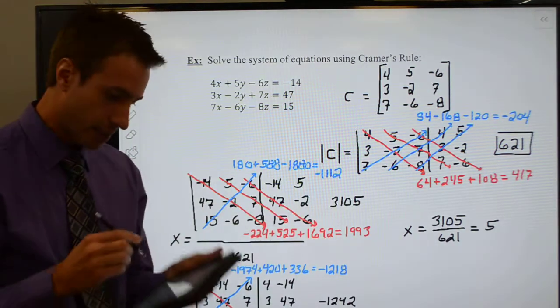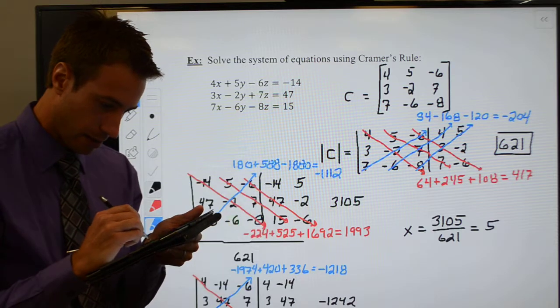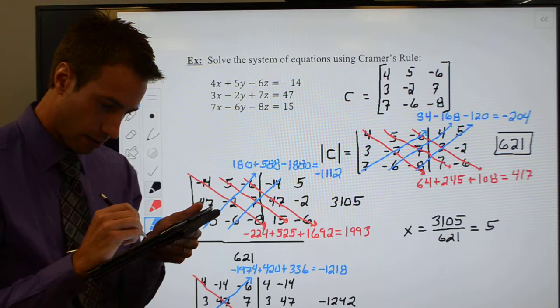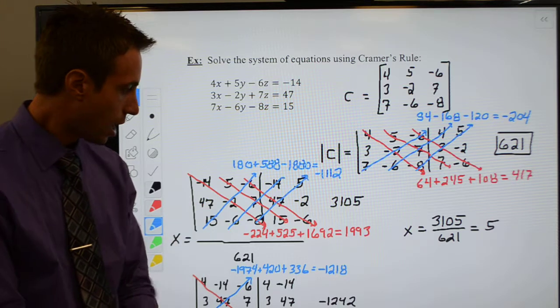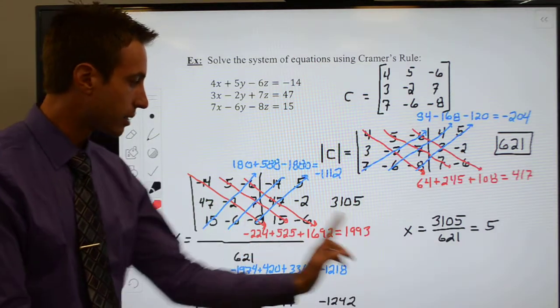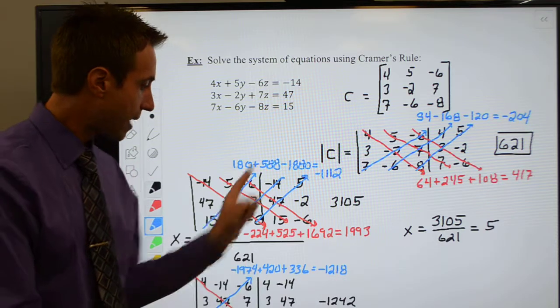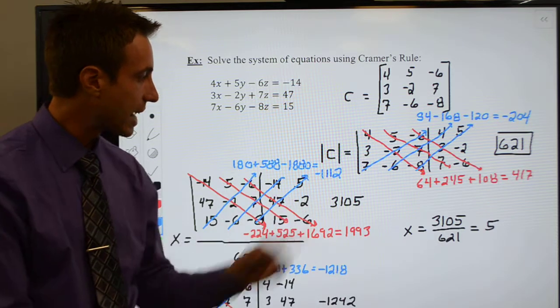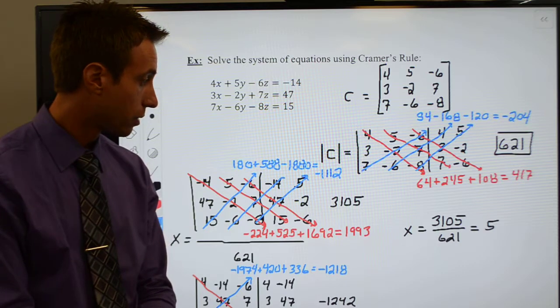Do the diagonal method. Sorry, once again, I appear to have forgotten to put in my blue diagonals. Sorry about that. I wind up with a major diagonal sum being 1,993, and the minor diagonals -1,112.